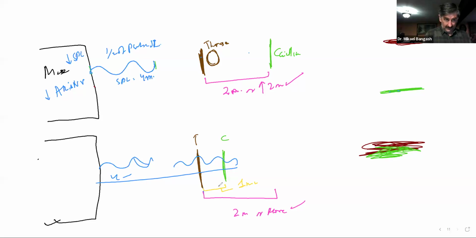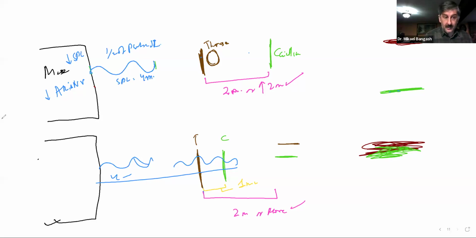What caused that? My numerical value of the axial resolution was greater than the distance between the two reflectors. Did you guys get that? So what would I need to still be able to clearly see the two of you as separate reflectors?